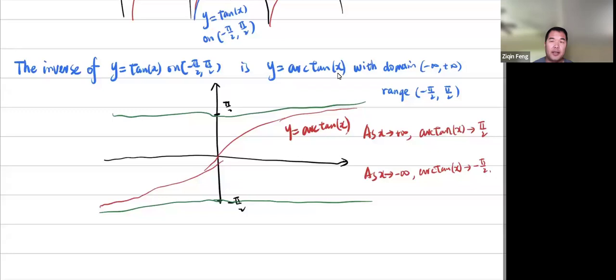Okay, that's basically what we need to know about inverse trig functions, arcsine and arctangent: their domains and the fundamental behavior of their graphs.